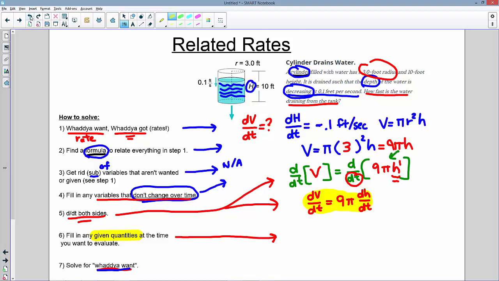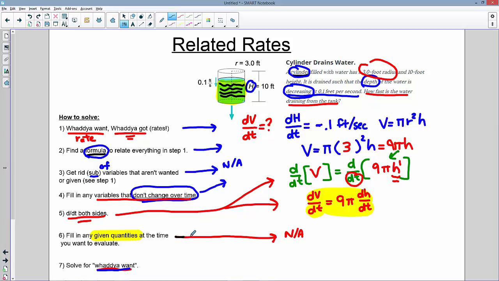So it doesn't apply to this problem, but there are problems where when you're done d/dt-ing both sides, you will have a variable left, r or h or V or some other variable. And the problem may say something like, when r is 7, what is the rate? Or when h is 2, what is the change in volume? So those are quantities at a specific time or at a specific place that you want to plug in so you can find the rate at a given time.